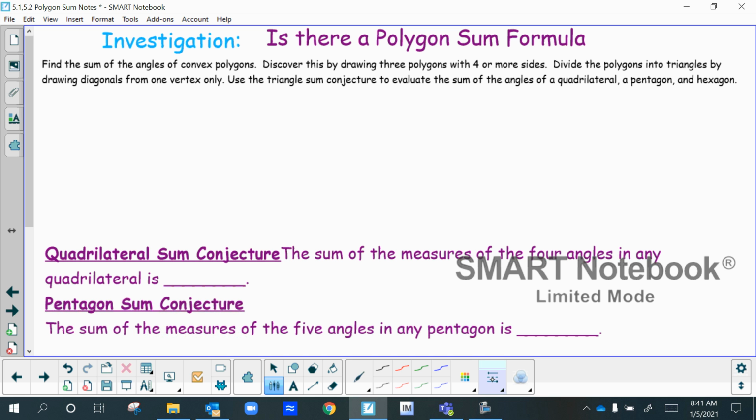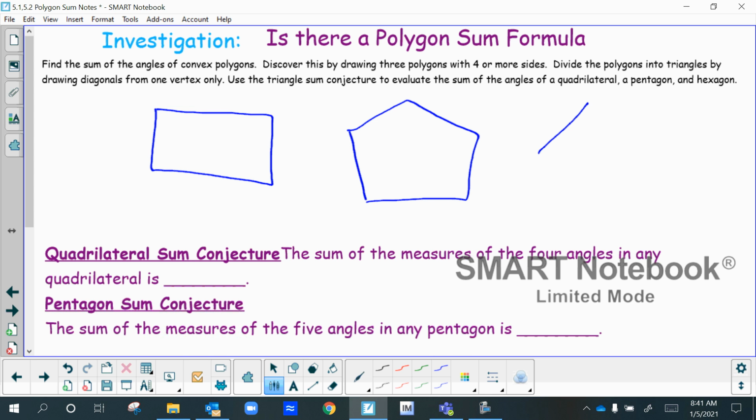So we have 3 polygons: a 4-sided one, a 5-sided one, and then a 6-sided polygon. Okay, so draw those right there. And then it says draw diagonals coming from one vertex only to form triangles. So I'm going to draw one diagonal here, and I can't draw any more diagonals because the other 2 would be the sides.